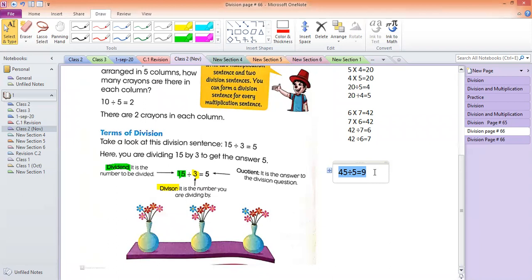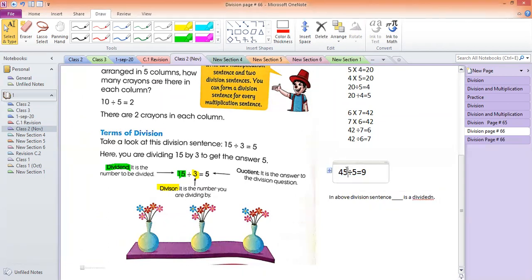9. 9 is the answer. Okay, guys, I can make one MCQ for you. I can say, in above division sentence, dash number is a dividend.